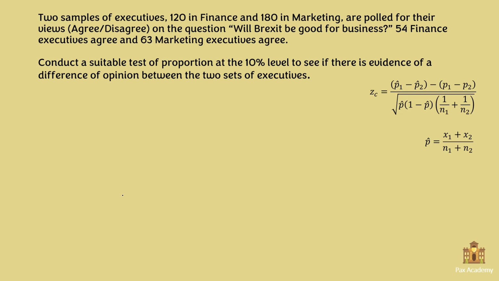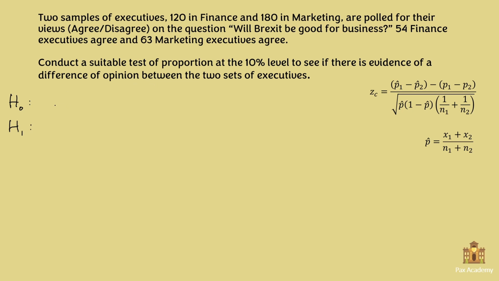Okay. The first thing to do, as always with hypothesis testing, is to state the null and alternative hypotheses. So in this case, again, it's going to be between two proportions. Now the way this question is phrased, it's asking us whether there's evidence of a difference of opinion.